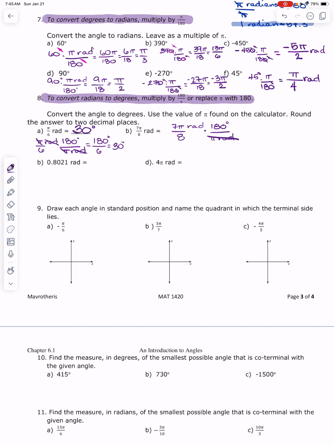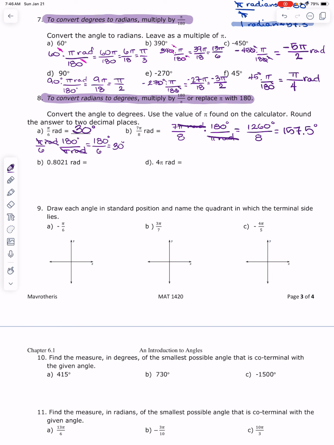Again, the pi radians cancel here. 7 times 180 is 1,260 over 8. When we divide that, we get 157.5 degrees. Noticed earlier, no decimals when we're talking about radians. It's perfectly fine to have a decimal measure when we're talking about the degree of an angle.